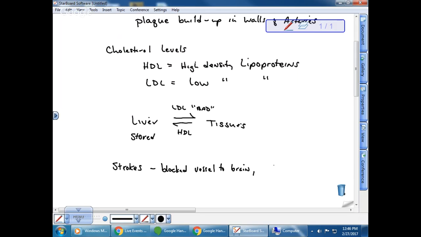Or you can also have the blood vessel rupture. And it causes the same effect, the death of some brain tissue. And so this causes death of nervous tissue.